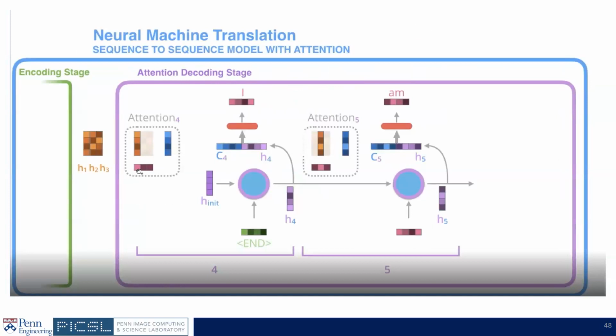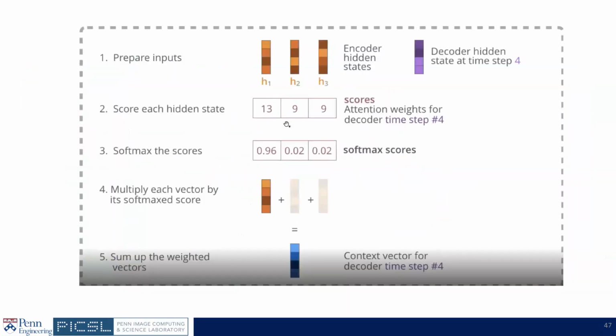I'm going to multiply each of the hidden vectors with these scores to give some attention to each of them. To recap, hidden states are multiplied with a scoring function, and then I get a weighted combination of these hidden states, and I get a context vector C4.